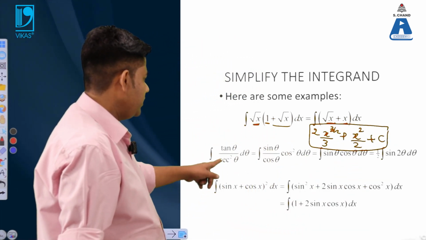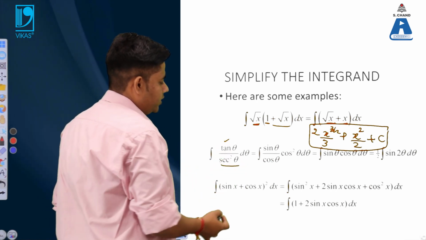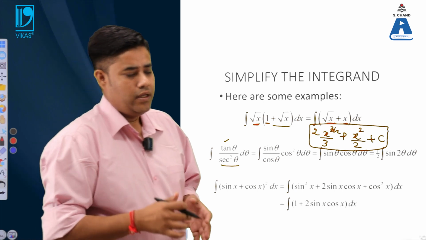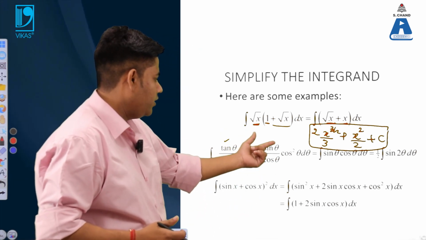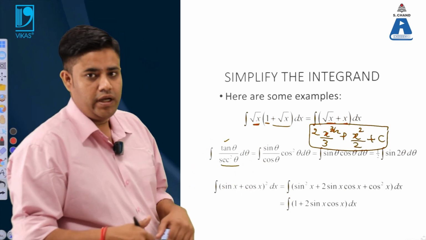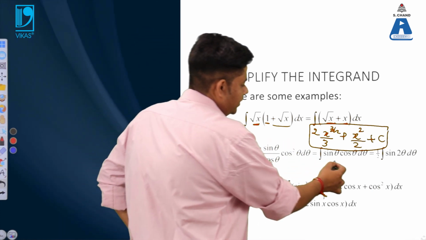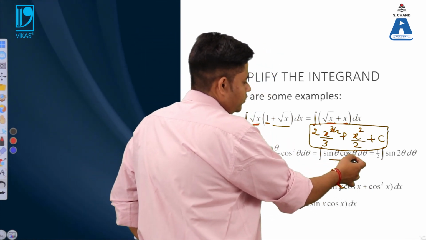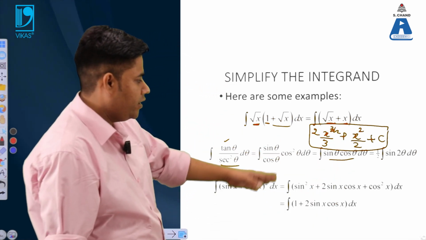And if it is an integration of the type, let's say tan theta over sec square theta, we need to simplify it into simpler formulas, like tan theta is sine divided by cos, and sec square theta is 1 by cos square theta. On simplification, we'll get a result which may lead to a formula of sine 2 theta when we multiply and divide by 2.